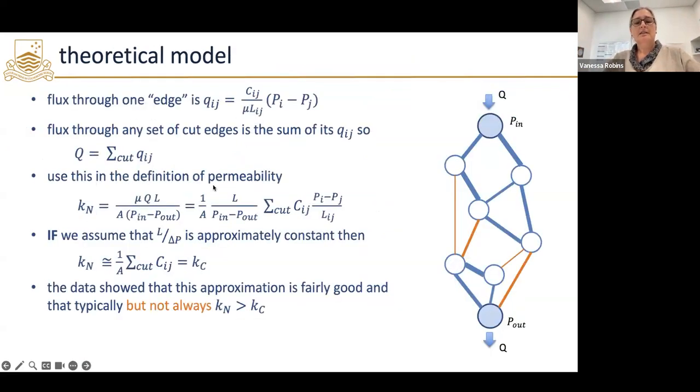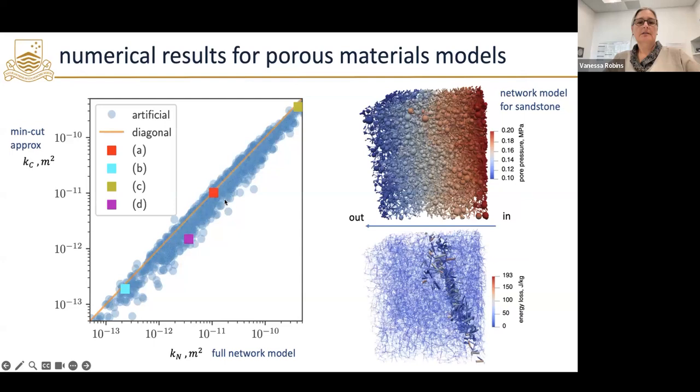All right, so let's try and explain what we're seeing, okay? What we're seeing is that typically, but not always, the network value is larger than the min cut estimate, yeah? So most of these points are falling below the diagonal, so that's saying the network model value is larger, but there are definitely a few points here which are above the diagonal, okay?